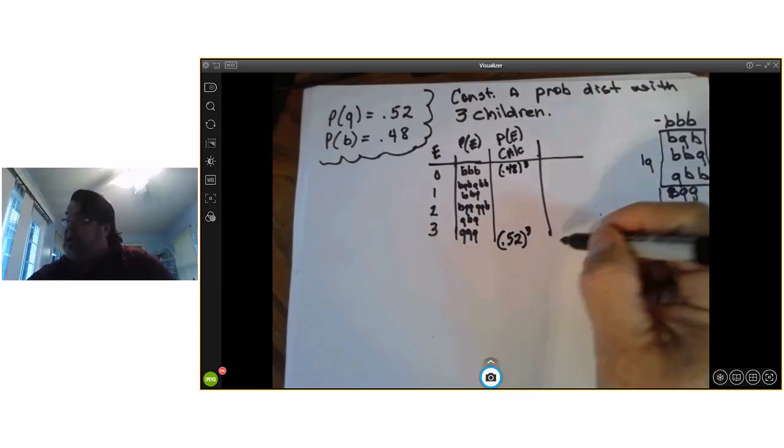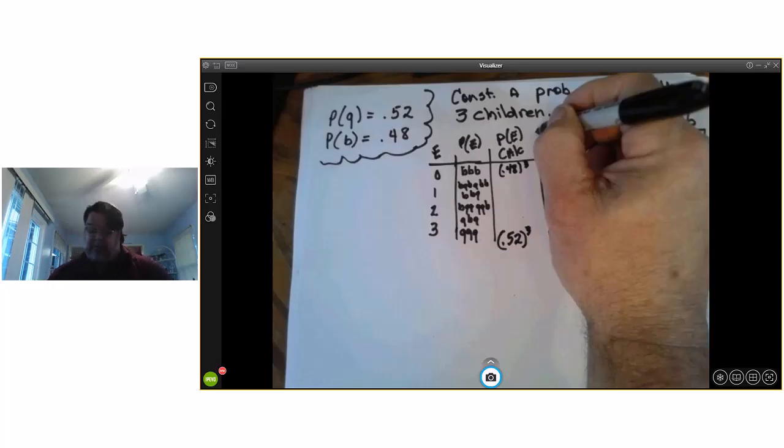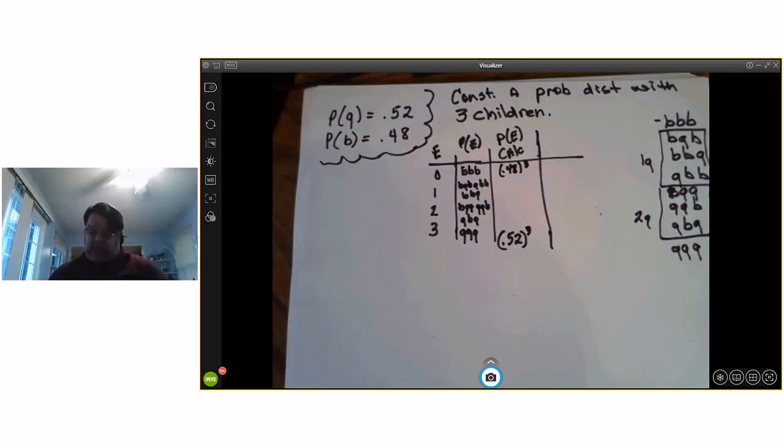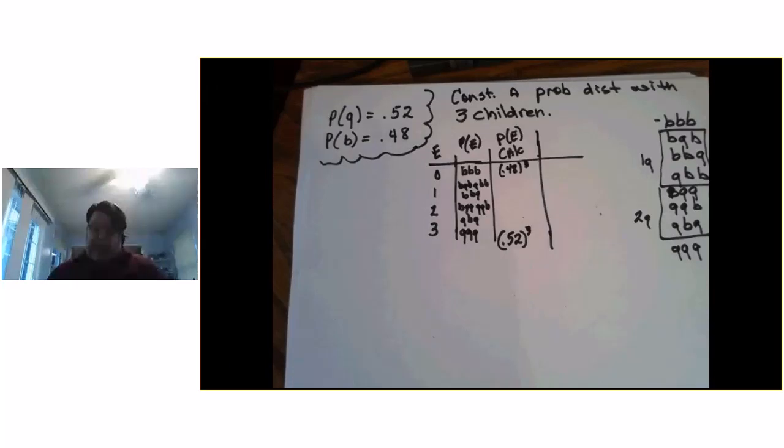I want you to take your calculators. Well, I'll do it because one of y'all can't talk and the other one can't see. So I'll do it on my calculator. That's going to be 0.48 raised to the third power.